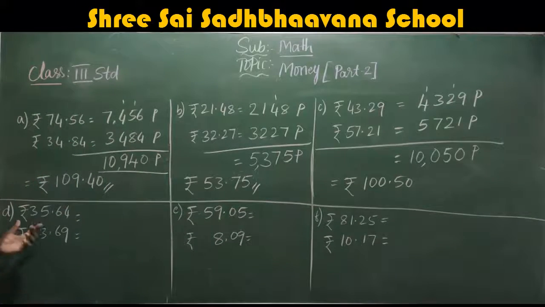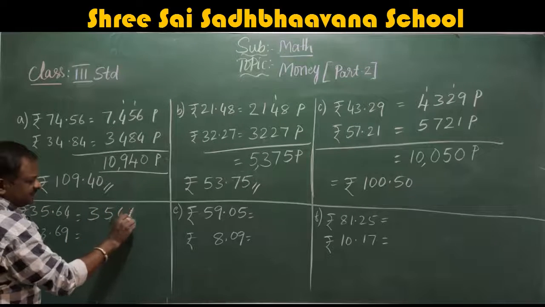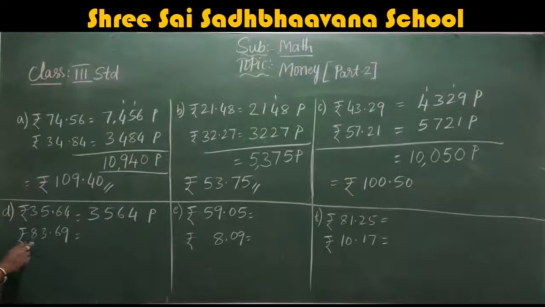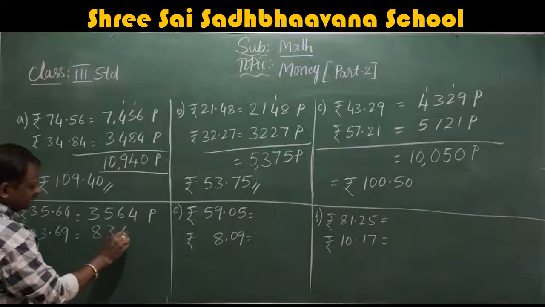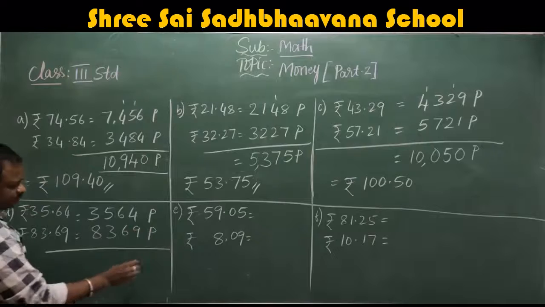Come to here. Rupees 35.64. If you convert this into paise, you will get 3,564 paise. When after converting this rupees 83.69 to paise, you get 8,369 paise. Add.